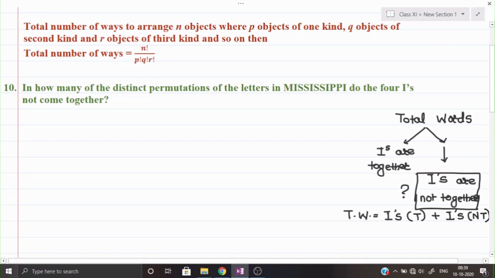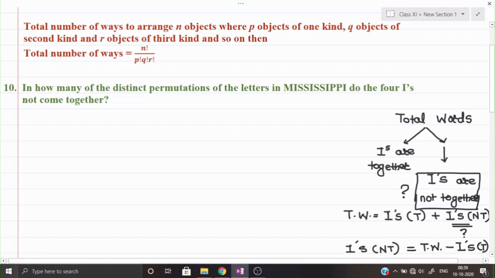Now this is the required thing. If I send the I's together to the other side, I can say that I's not together equals total number of words minus I's together.